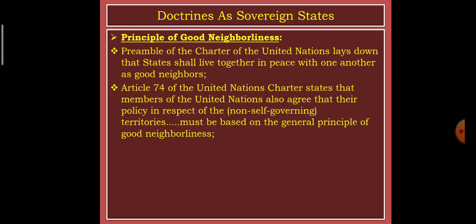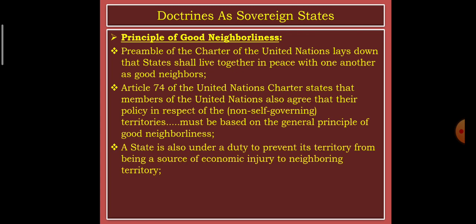Again, Article 74 of the United Nations Charter states that members of the United Nations also agree that their policy in respect of non-self-governing territories must be based on the general principle of good neighborliness. So again, they have mentioned good neighborliness.